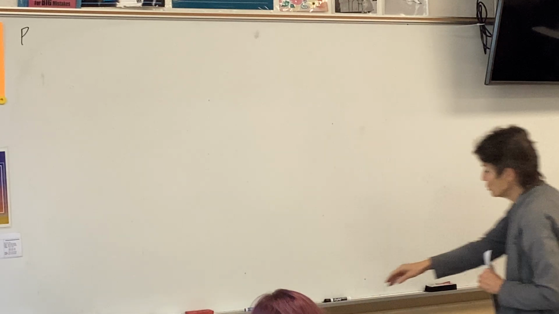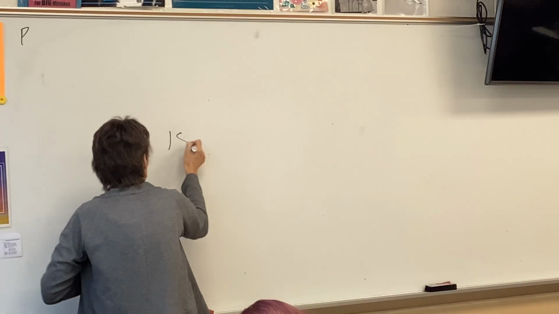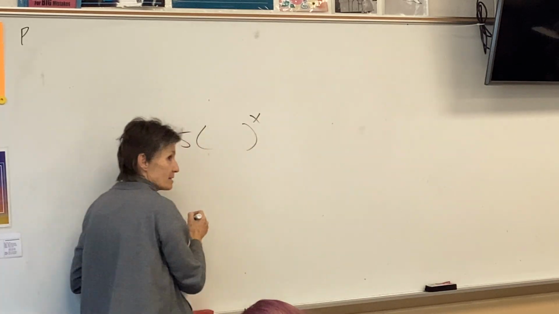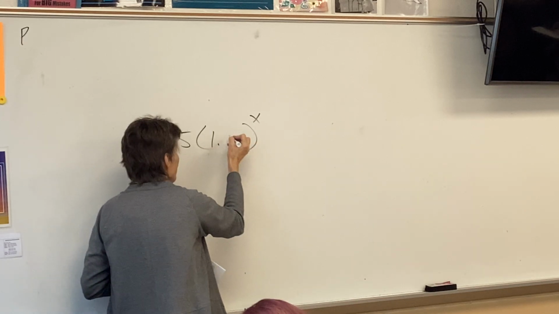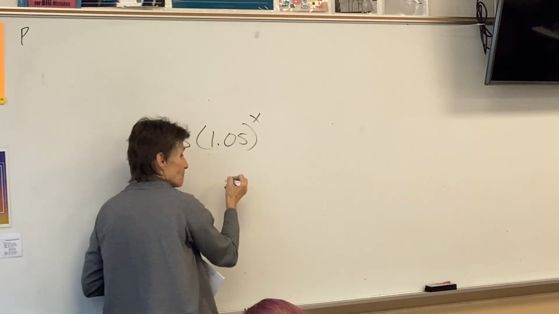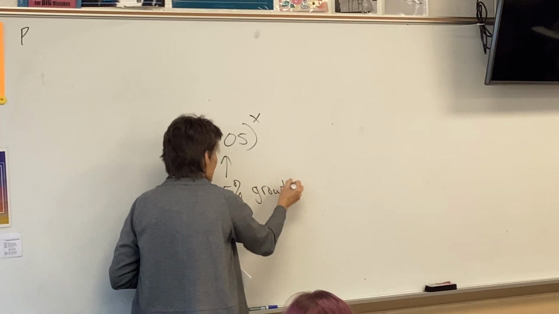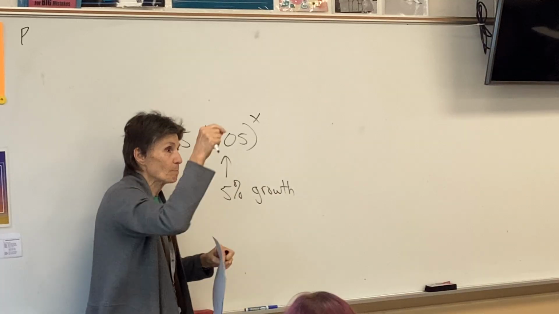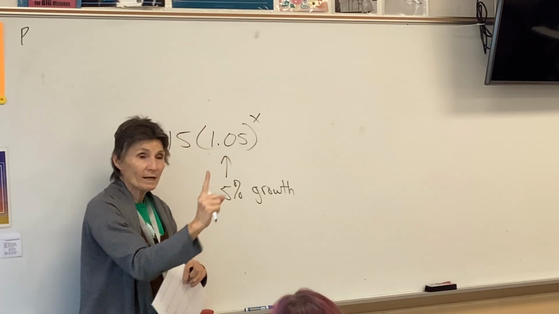Boys and girls, when you are doing exponentials and you have a number to the x, if this number is bigger than 1, like 1.05, that is 5% growth. Because this number is 0.05 more than 1. 1 is your baseline.